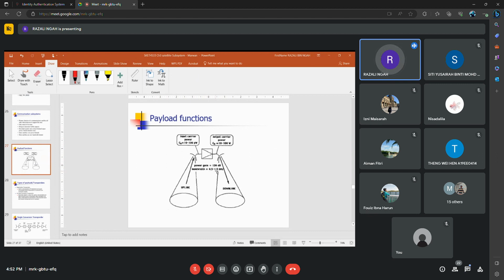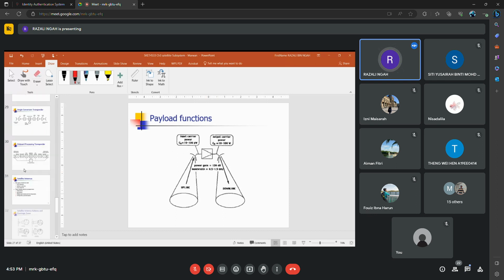So to obtain this high gain for a wideband signal is not possible, because it's very challenging. So we need to split this wideband into subbands.